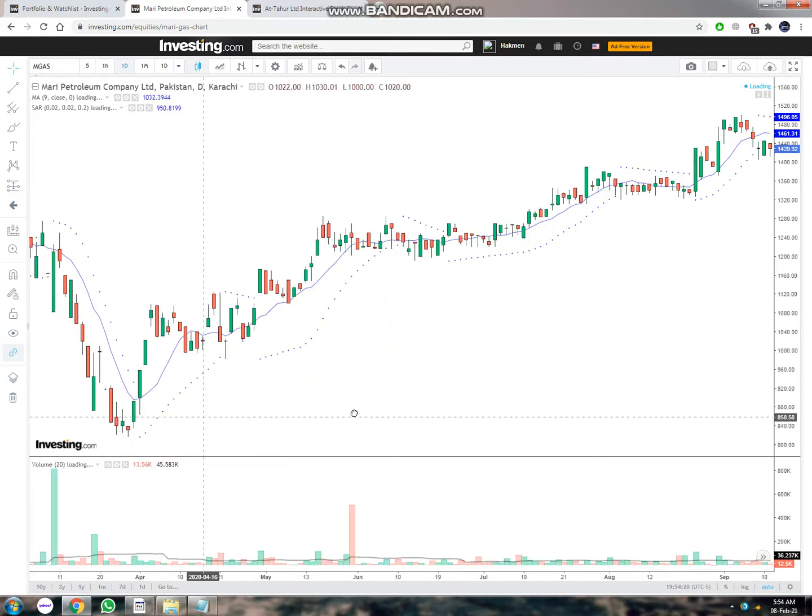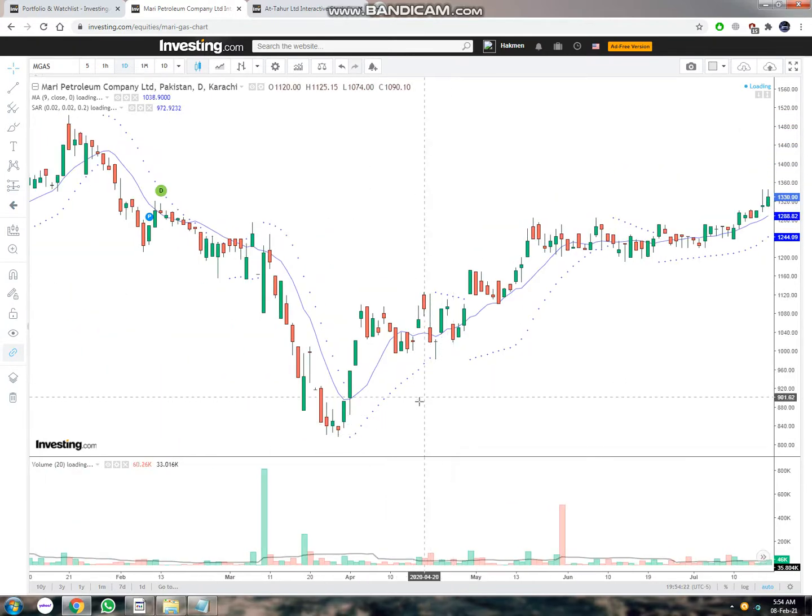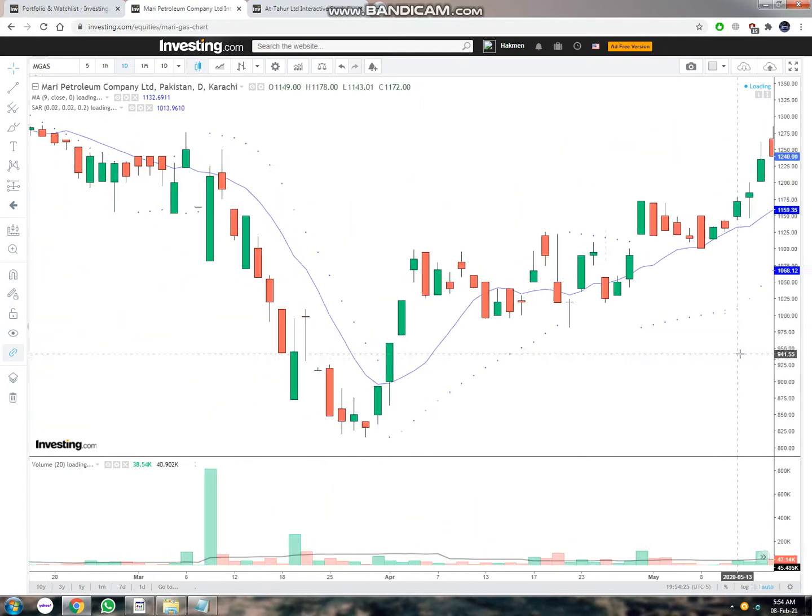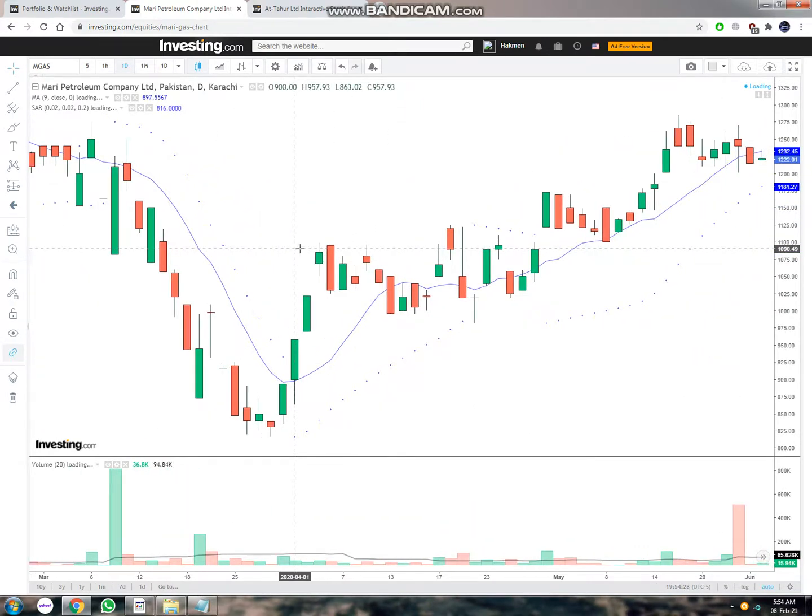Now, how do you recognize bullish candlesticks? You must know the psychology of candlesticks. I've made a video on it before, so if you haven't watched it, do watch it and see for yourself what the candlestick psychologies are. Here you can see a bearish trend, a downtrend, and at this level, not this one but this one, it shows a doji star.